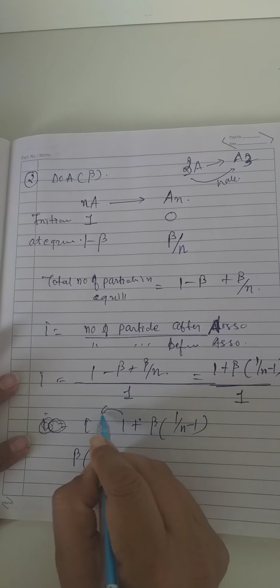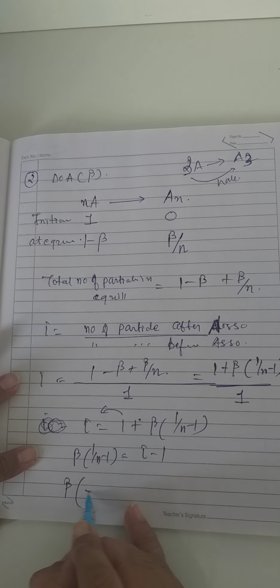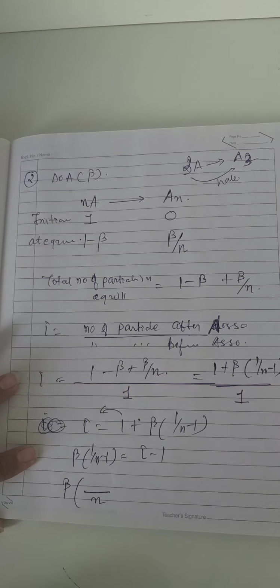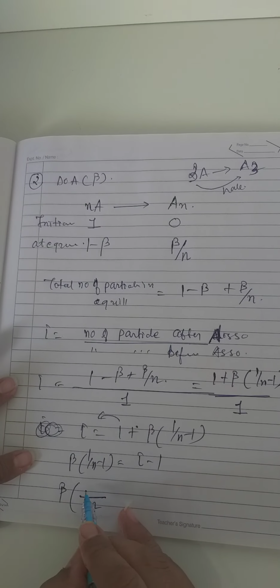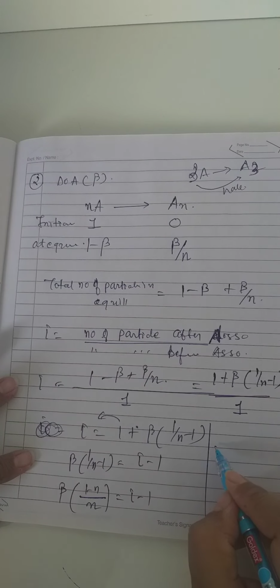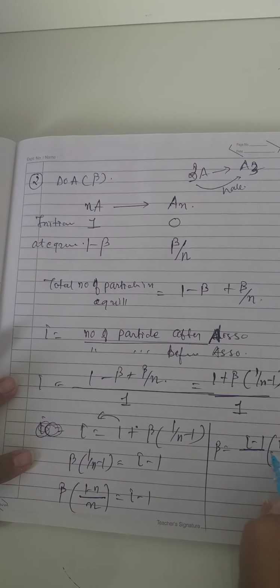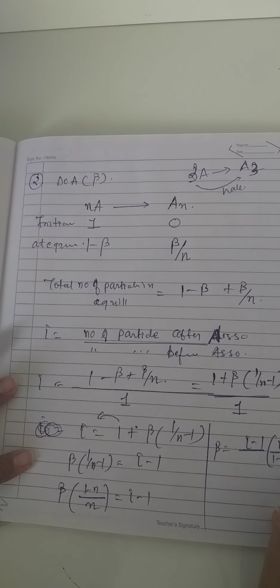Taking this to the left side, it becomes i minus 1 equals beta into the LCM, which is n, so 1 minus n upon n. So finally we get the formula for beta: beta is equal to i minus 1 into n upon 1 minus n.